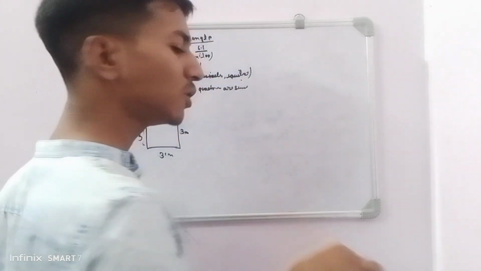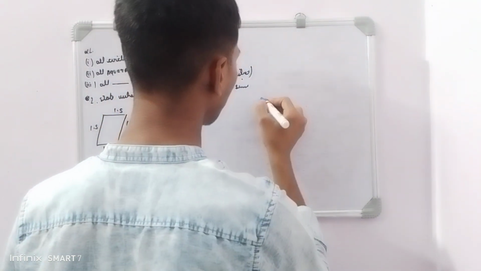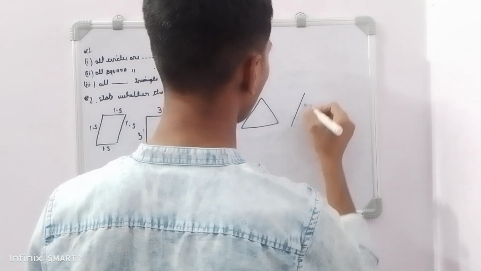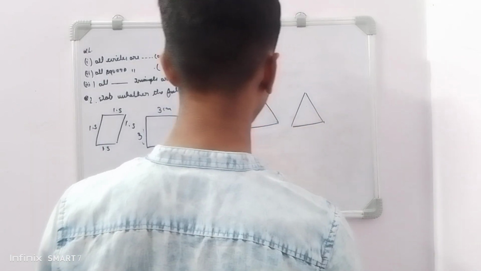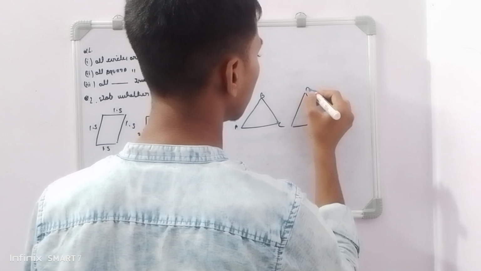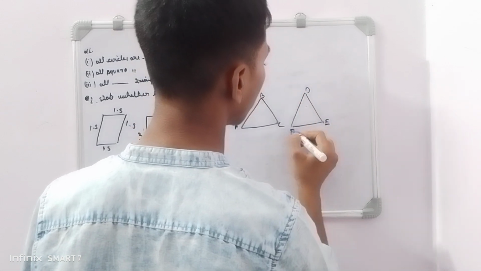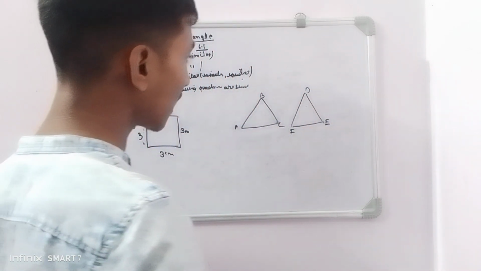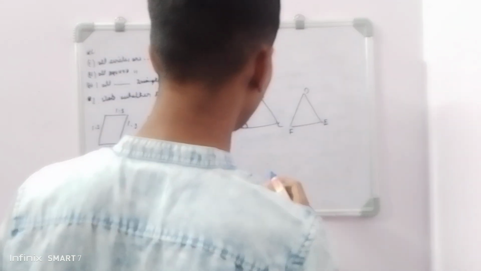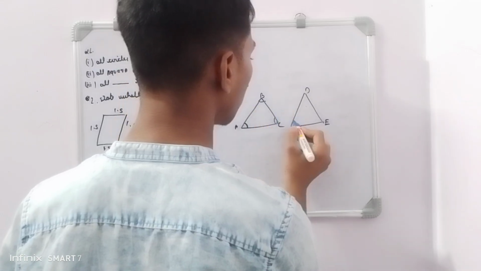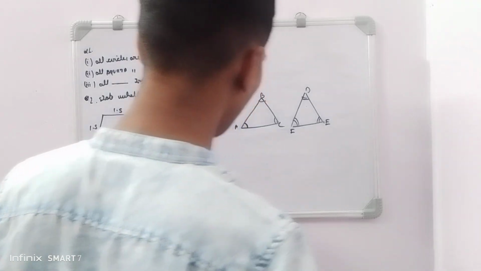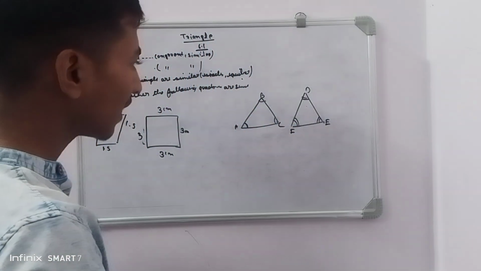And another thing you could say is, let's suppose we have a triangle. This is an equilateral triangle. Let's suppose we have an equilateral triangle, this is A, B and C, and this is D, E and F. As you know, in an equilateral triangle all the angles are 60.